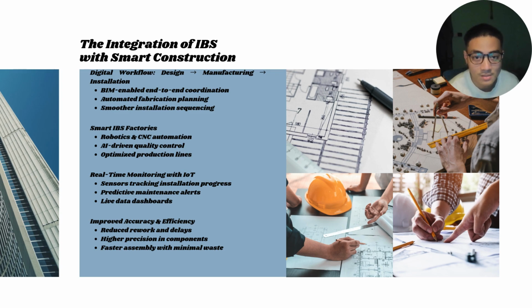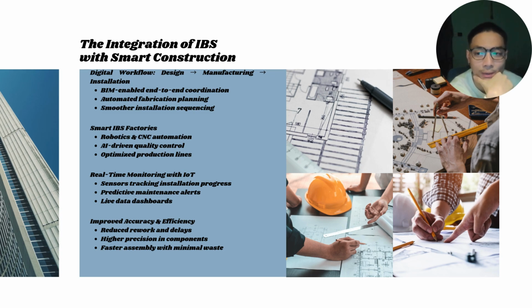In smart IBS factories, machines such as CNC automation systems and robotics produce components quickly and accurately. AI systems also check the quality to make sure that every part meets the required standards. On site, we use IoT sensors to monitor real-time progress.